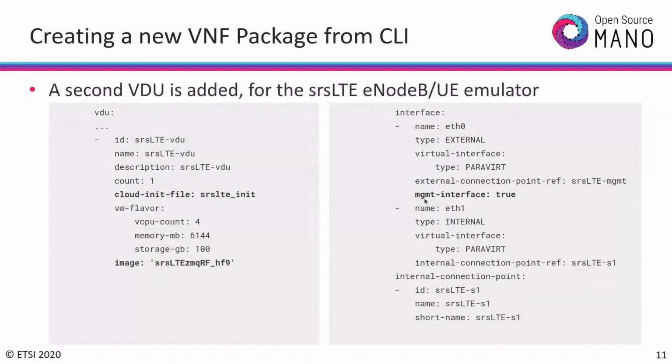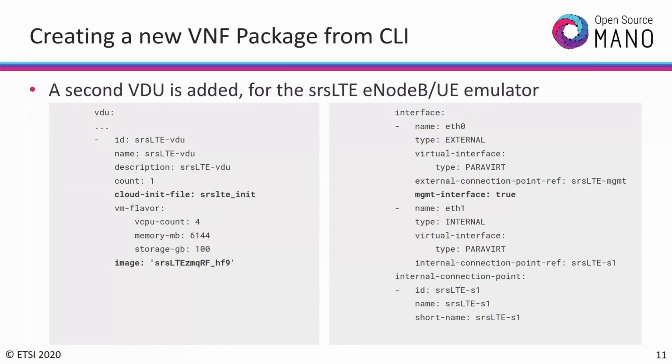We see that we are adding management interface true here because we have a default management interface for the VNF, but we can also say, if we are managing this VDU, let's use this interface for managing it. So configuration scripts and proxy charms will point to this interface, will SSH to it, will run Ansible playbooks towards this IP address.